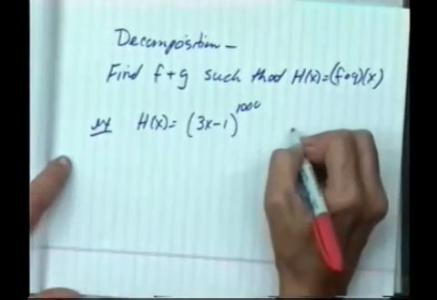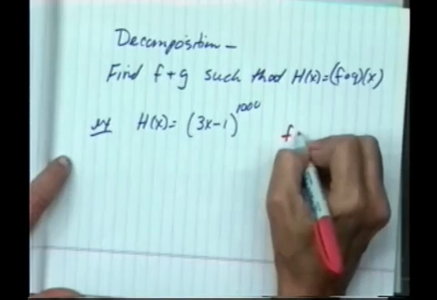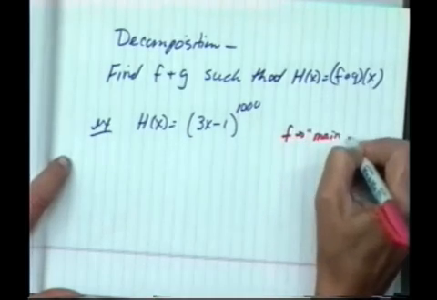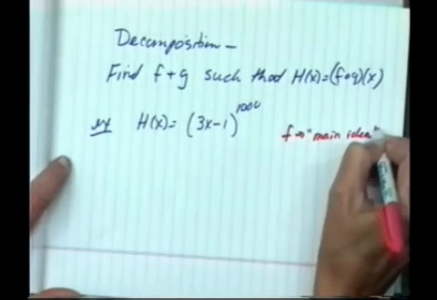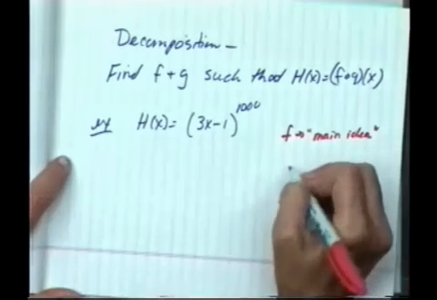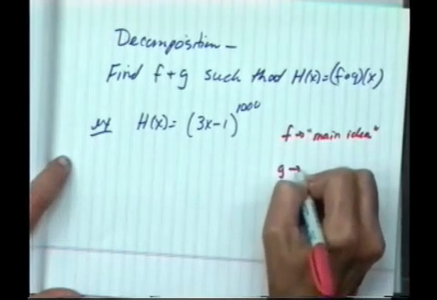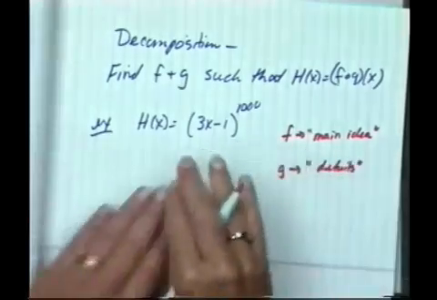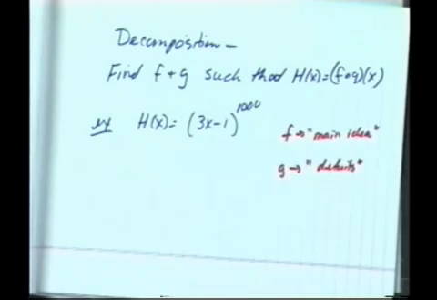There's a couple ways I can talk about it, but one way I like is to say, okay, let f be what I call the main idea. And I'll go back and tell you what some other people call it. I'm going to call g the details. So if you looked at h of x from a long ways off, what was the main thing that hit you when I gave you that problem?